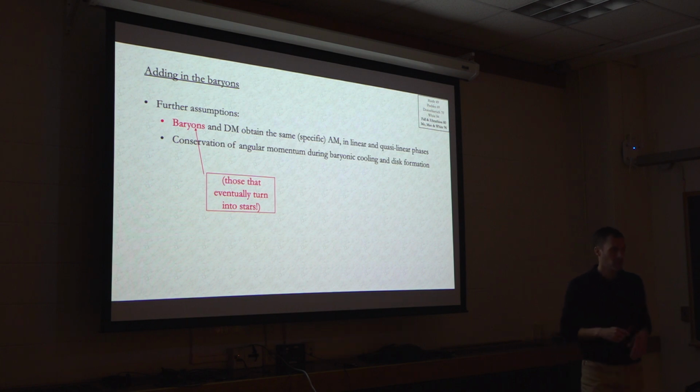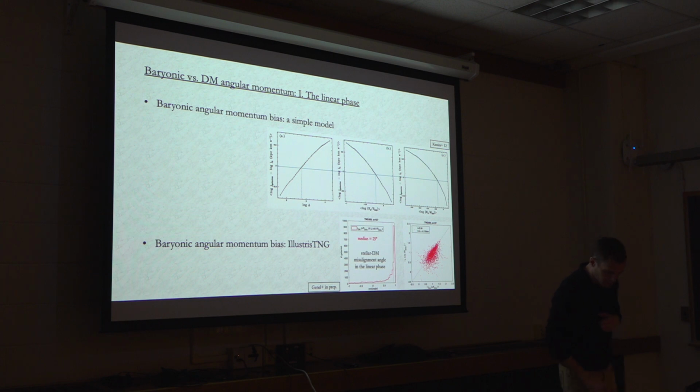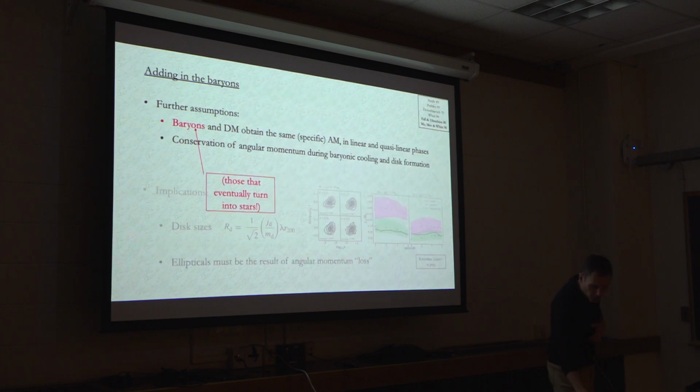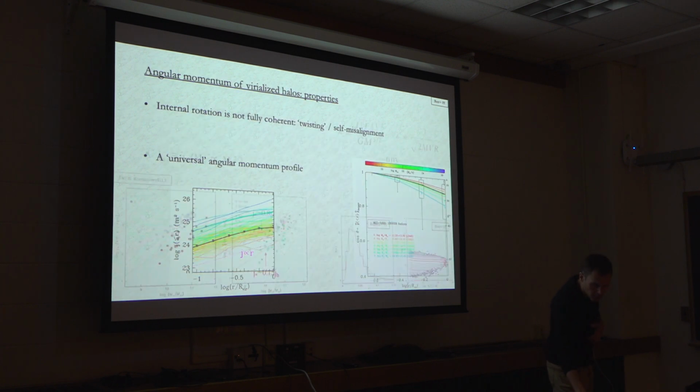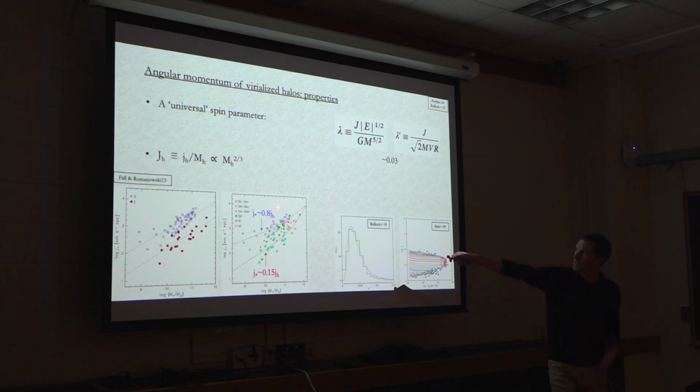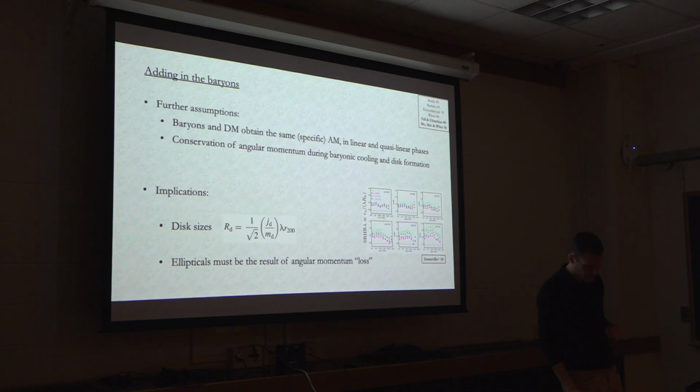So I want to now go a bit deeper and examine these assumptions more carefully in cosmological hydrodynamic simulations. What's shown here is that the current empirical evidence shows that these galaxies have lost only maybe 20% of their initial angular momentum according to these assumptions.